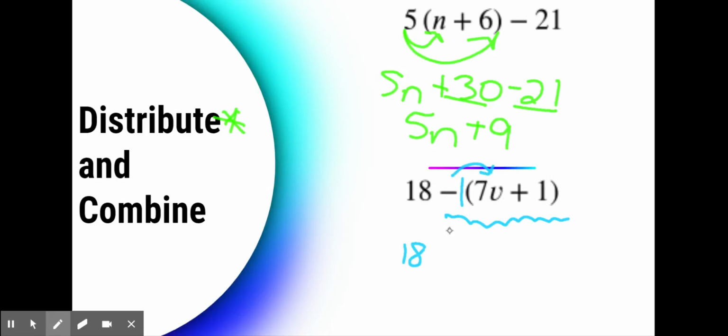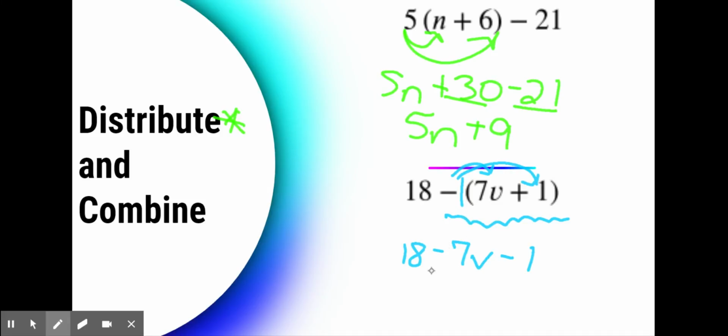So negative 1 times 7v is negative 7v, and negative 1 times positive 1 is negative 1. Notice what happened. I started with 7v plus 1, and I ended up with minus 7v minus 1. So just a negative outside the parentheses changes the sign of everything inside the parentheses. Okay, that's important because that will come up quite a bit.